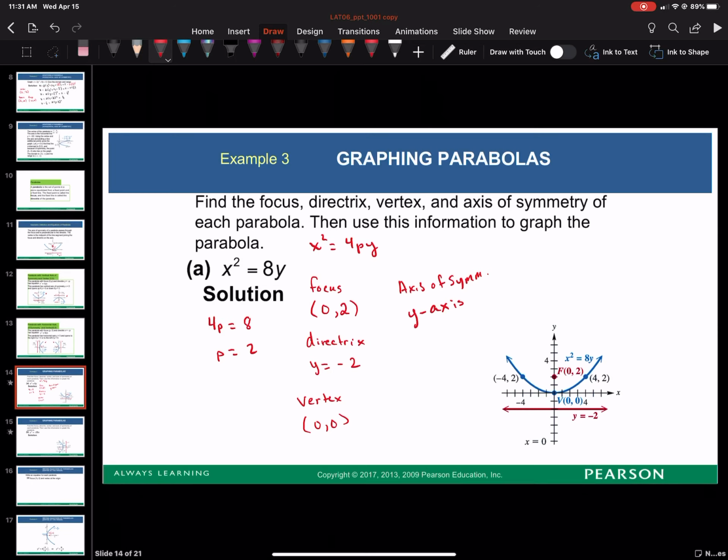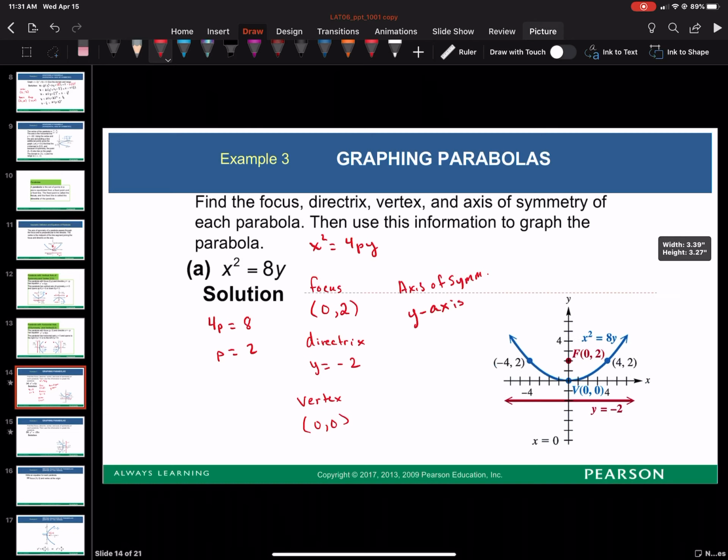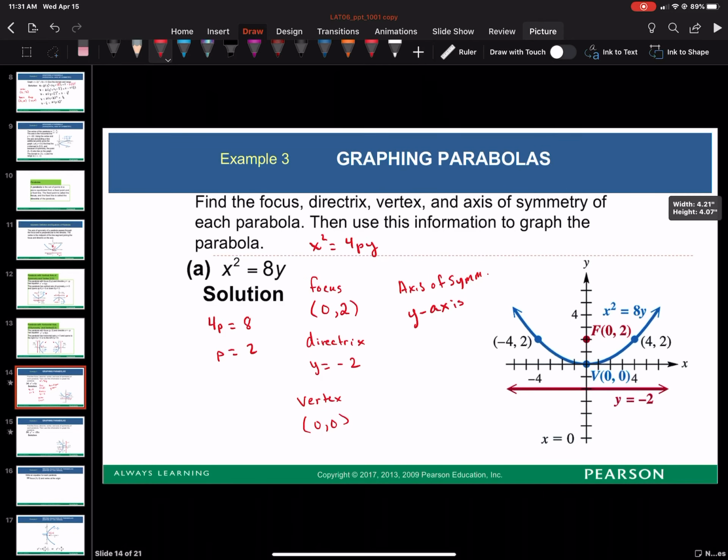And let me make this a little bit bigger right here for you, so you can see it real good. So we plot our focus. Our focus point would be (0, 2). Then we got our directrix. Then we do our vertex.